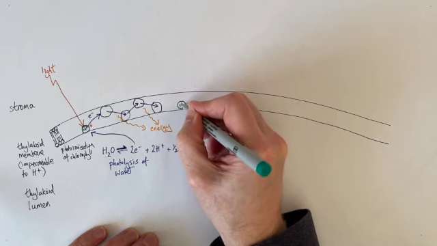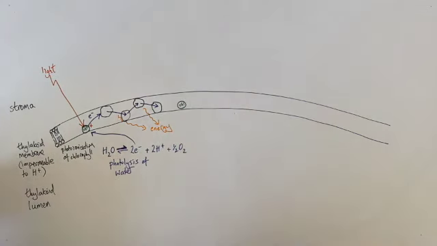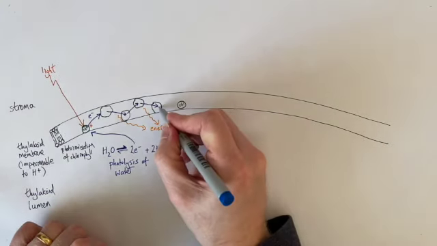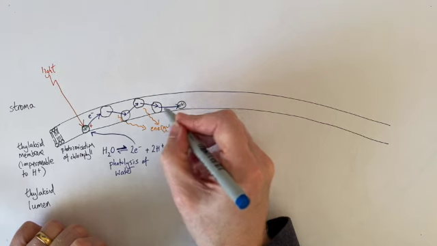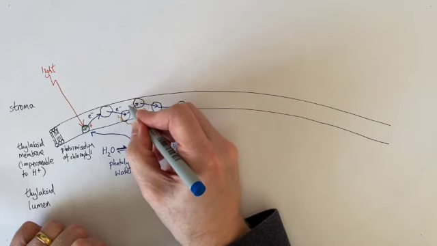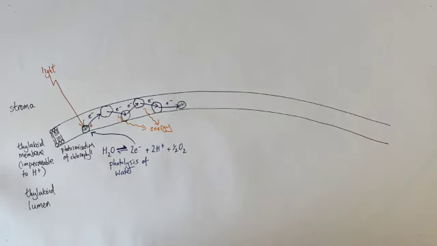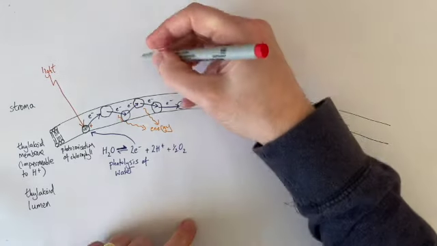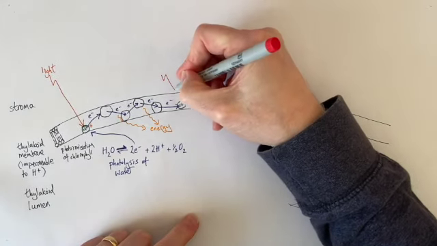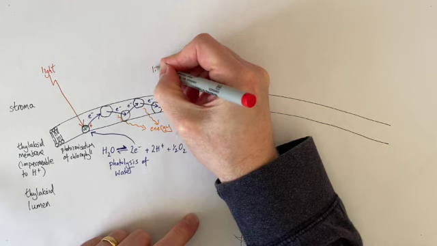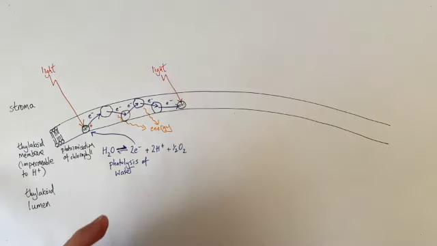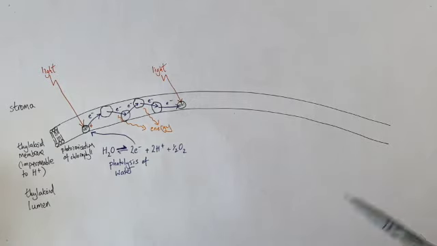those electrons may come to another chlorophyll molecule in the membrane and are passed to that chlorophyll molecule. That then is also able to absorb light energy, and the electrons now are in a much higher energy state.